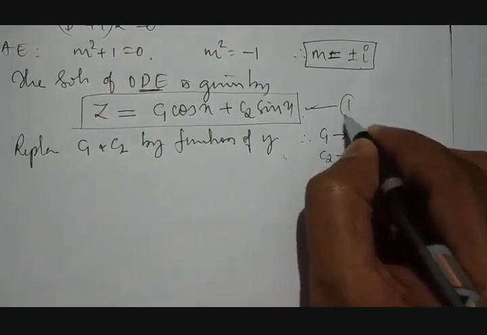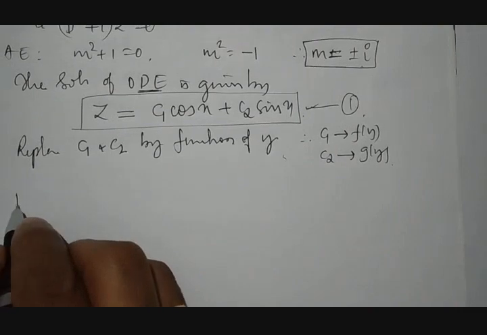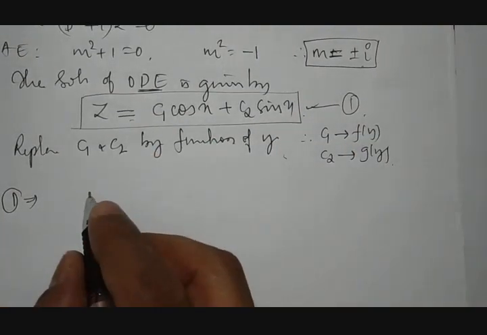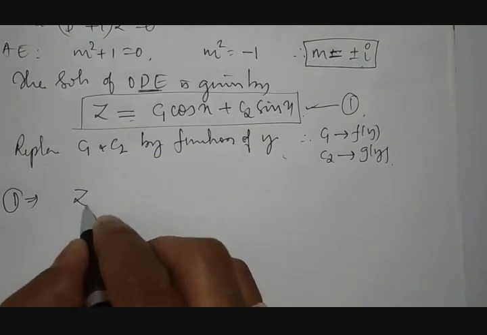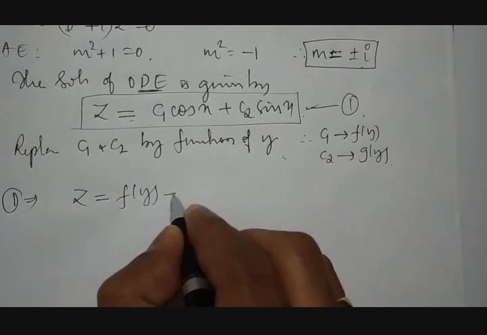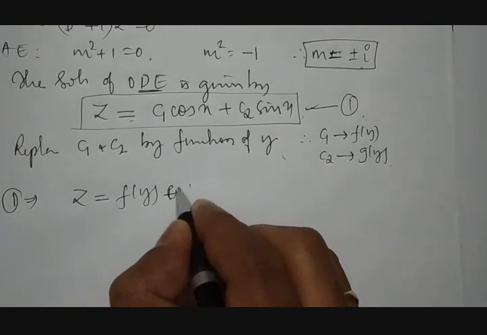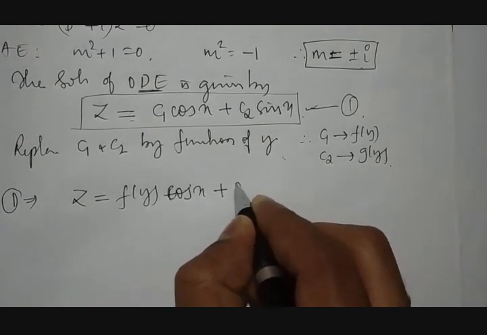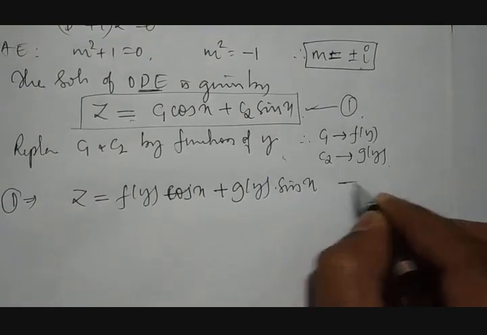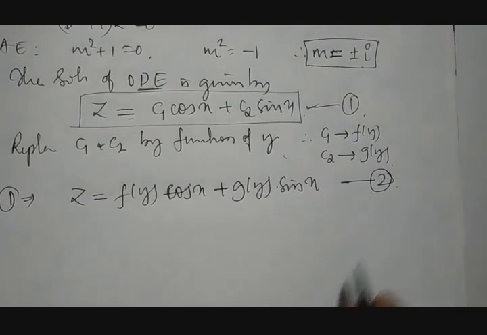So we call it equation number 1. Therefore, putting it in equation number 1, z is equal to f of y into cos x plus g of y into sin x. We call it equation number 2.